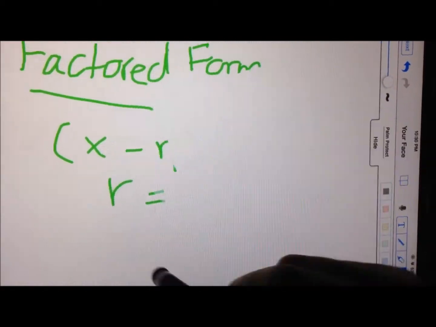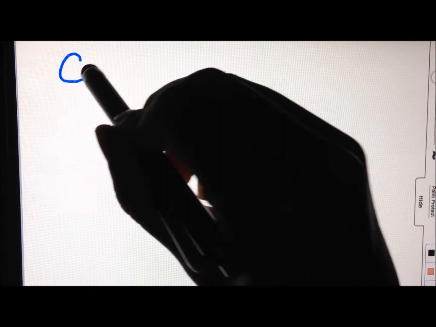Now, when transforming a problem to vertex form, we will use a method called completing the square.